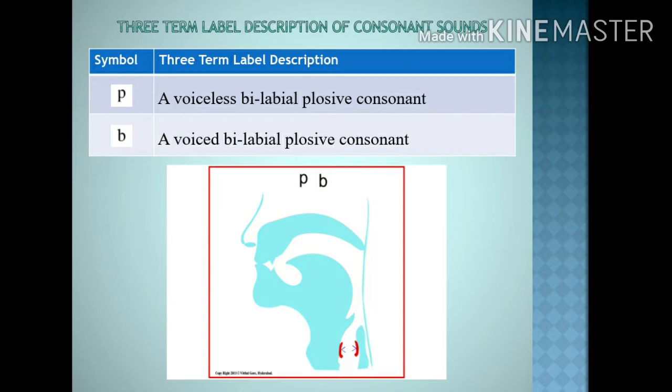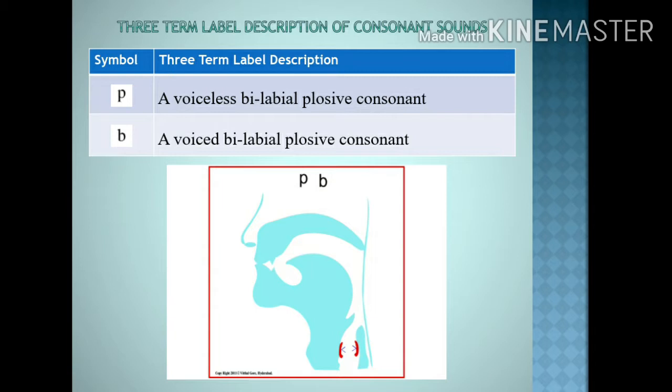So all these things I have explained to you in my previous class. So please, once again, you can watch the video once again in order to understand this particular concept better. So let us study now. See, in this particular diagram that I have attached along with the description here, both the lips are shown together. It means there is a closure, there is a contact between the upper lip and lower lip.